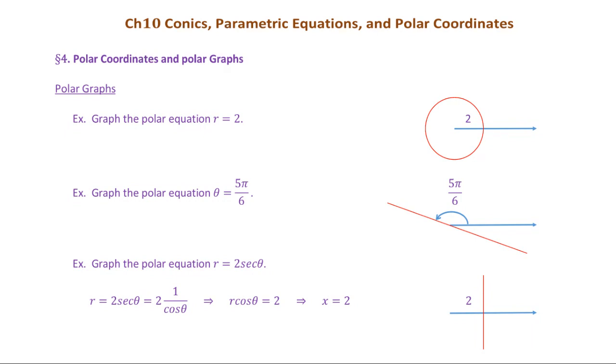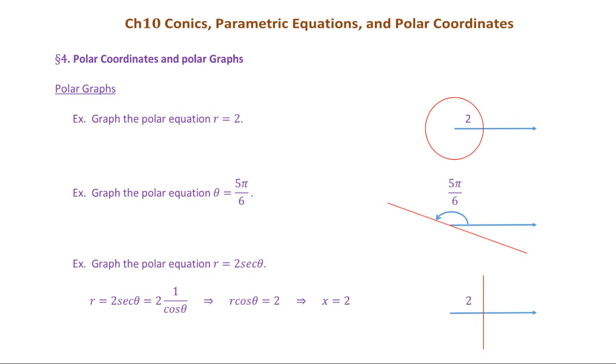So what locus does this equation describe? In other words, what is the set of points described by the equation r equal to 2 in the polar plane? If you think about r, it's just the distance from the pole to the points on the curve.